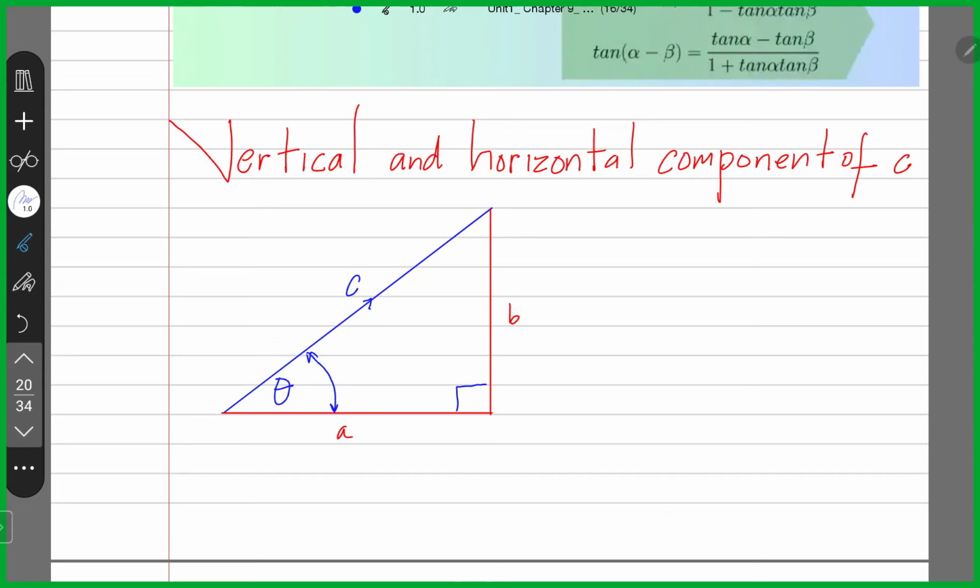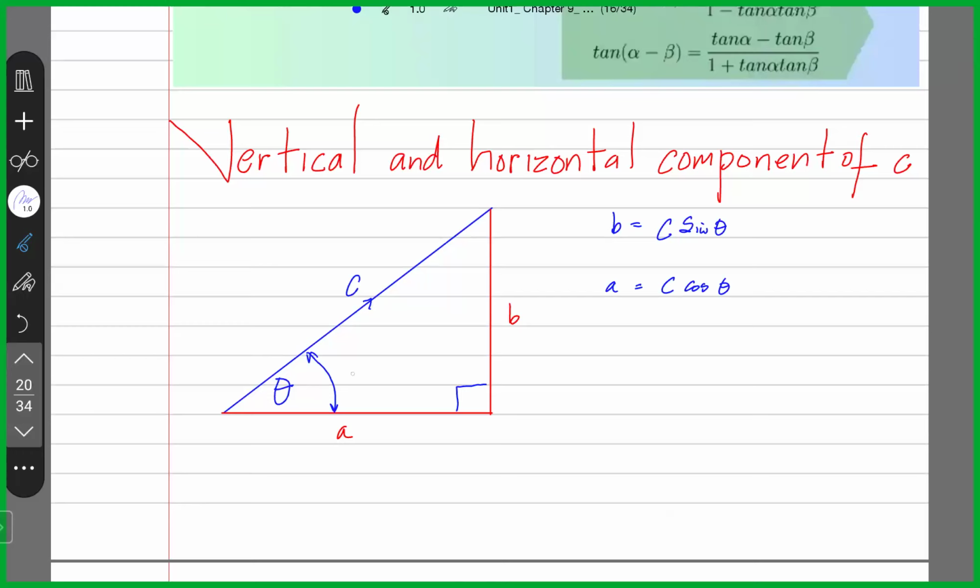All right, what I want to point out to you is that B, which is the vertical component, is equal to C sine theta, and A, the horizontal component, would be equal to C cos theta. Now, of course, we can prove this using trig ratios.